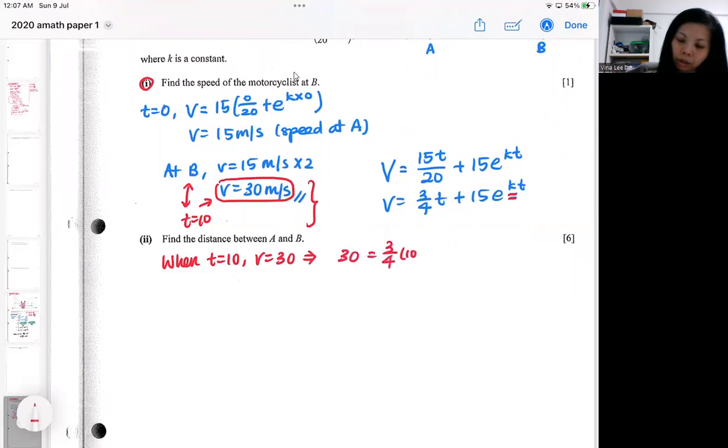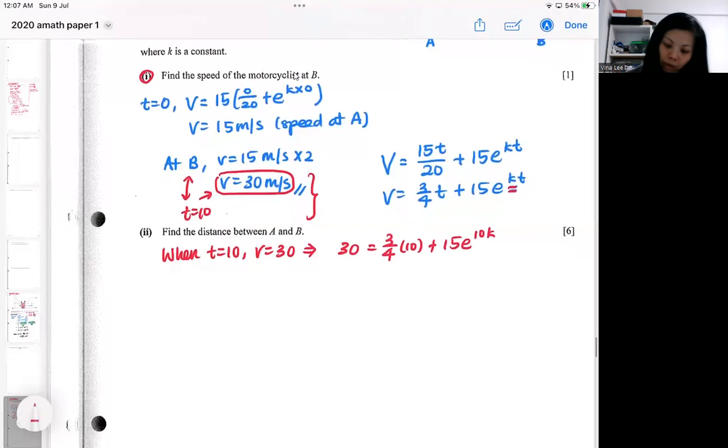You need to do the substitution, and do your exponential equation to find k. Shuffle the number over, and you will get 30 minus 7.5.